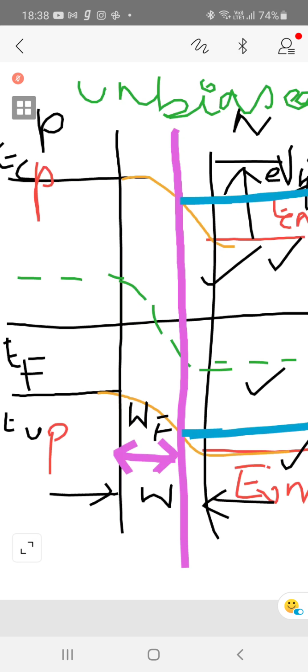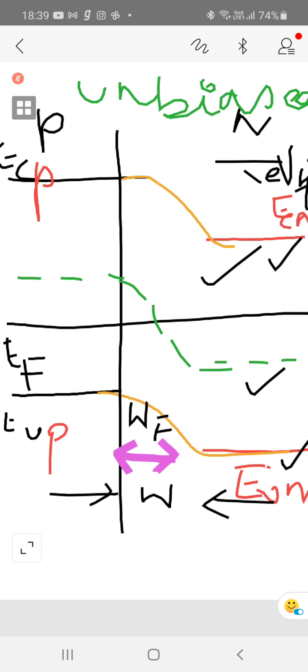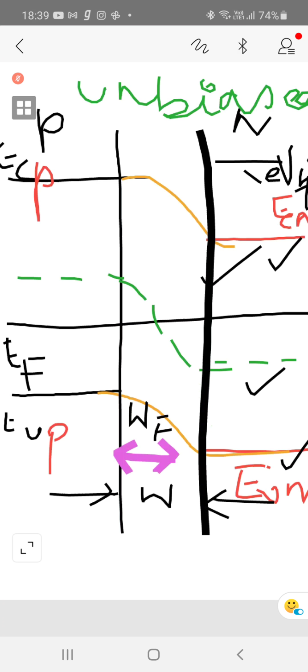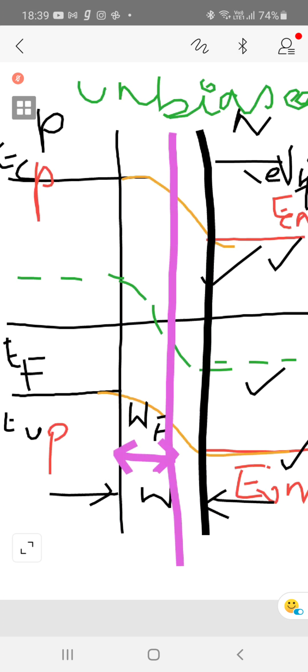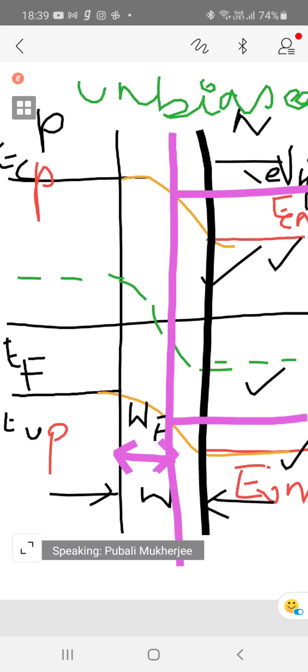If this blue line, or better, I make it purple, I'll use blue for reverse bias. You see the purple lines: the left-hand side, or the P side, remains as usual.